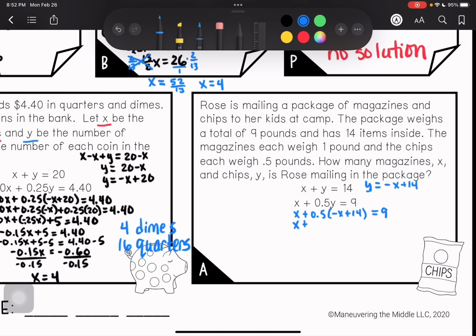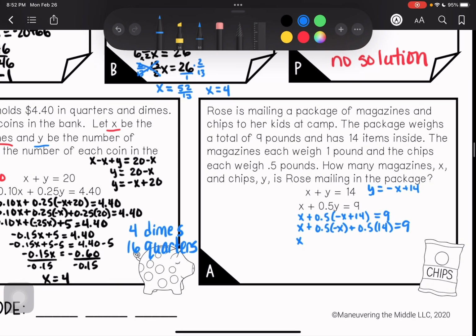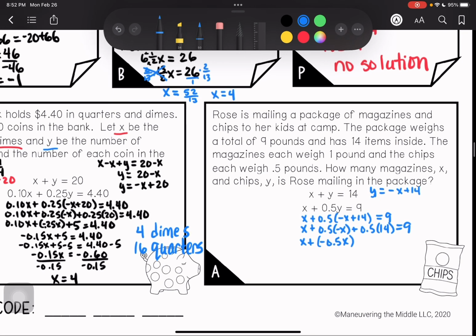That's X plus 1/2 times negative X plus 1/2 times 14 equals 9. So we have X plus a negative 0.5X. Half of 14 is 7 equals 9.